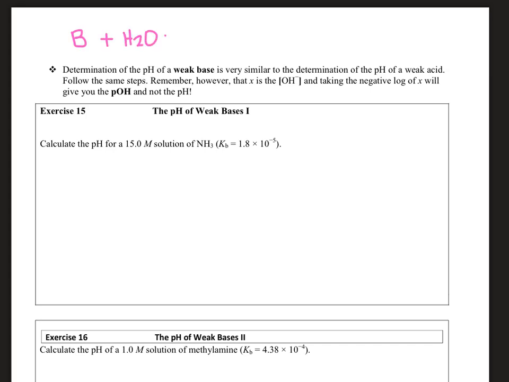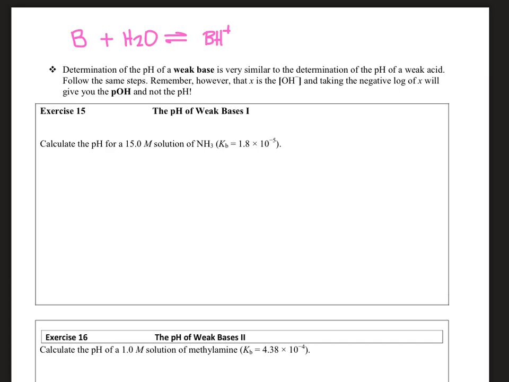Remember we talked about Bronsted-Lowry theory. When I put a base in water, instead of donating a hydrogen, it's going to accept a hydrogen. So it makes water act as an acid. So it pulls one of the hydrogens away from the water. So then I end up with a B and a hydrogen ion, right? So BH+.